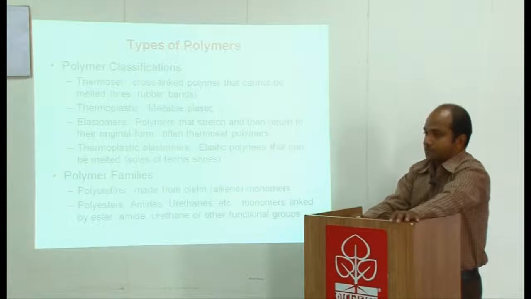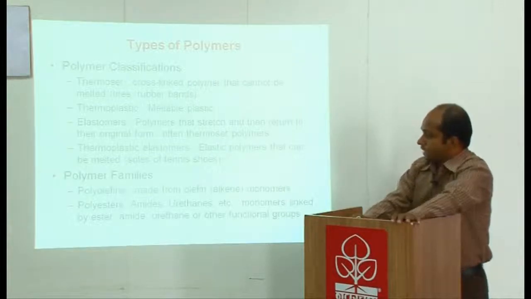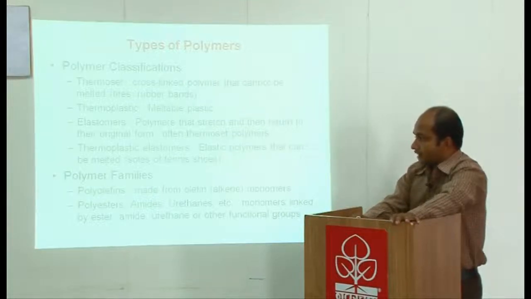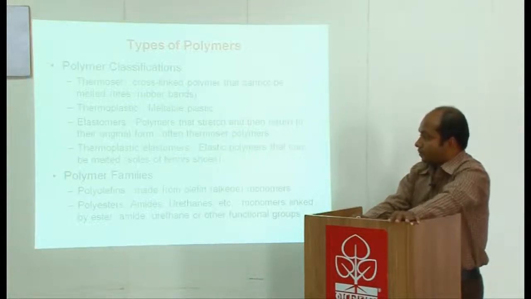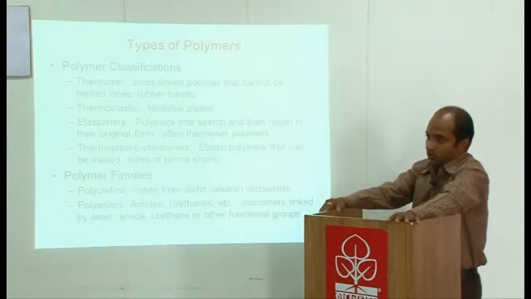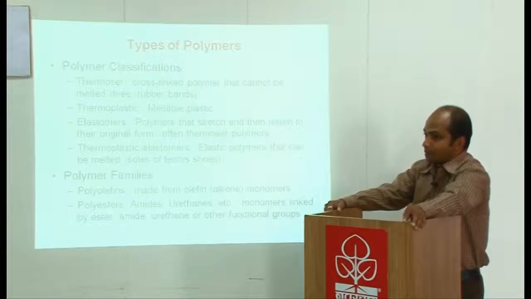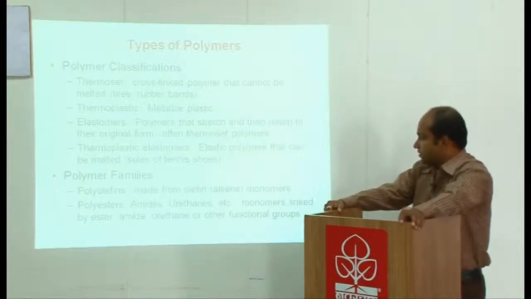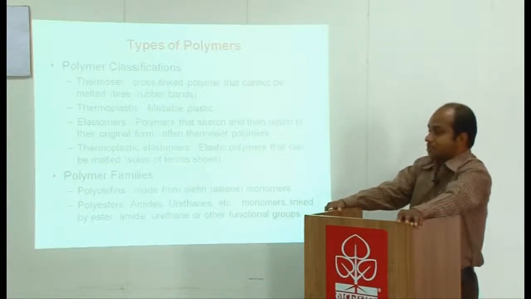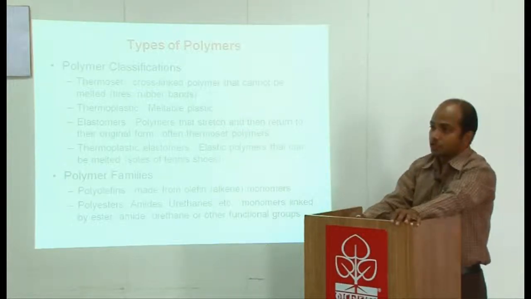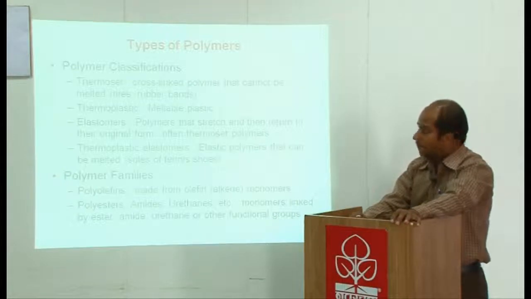You have polyesters, where an alcohol and an acid react to form an ester. You can have amides, so you can have polyamides, and you can have polyurethanes. So depending on the type of monomers, or sometimes even on the type of reaction or the linkages formed, like the ester linkage, amide linkage, urethane linkage, or on the basis of the functional group, polymers can be classified.